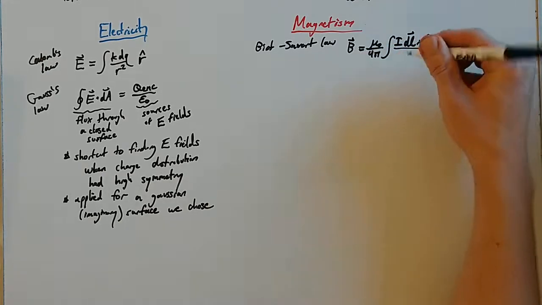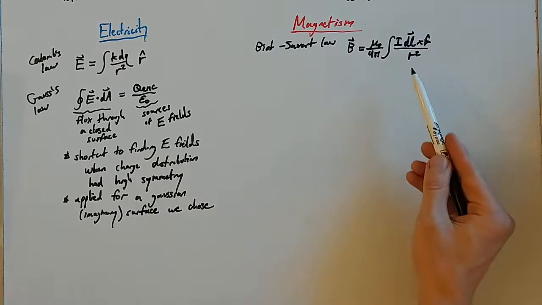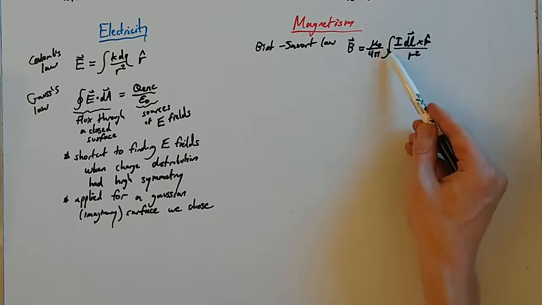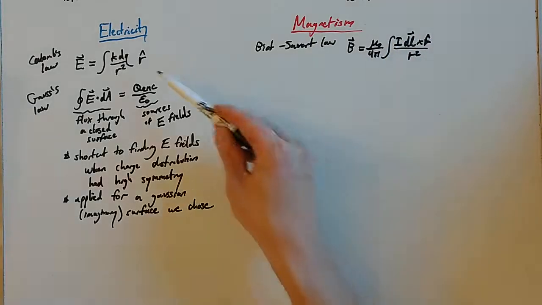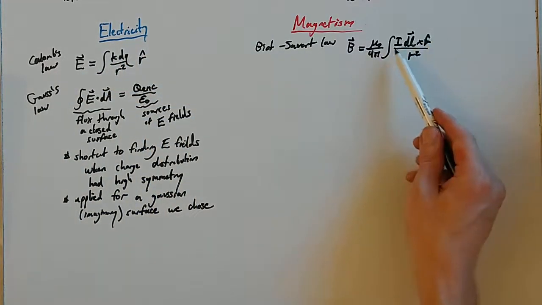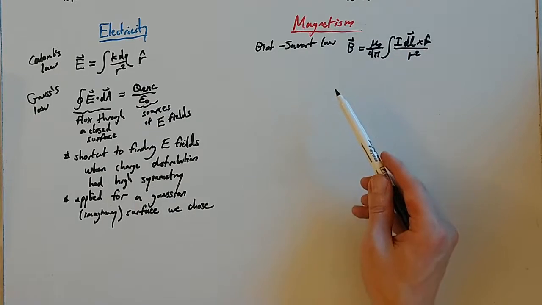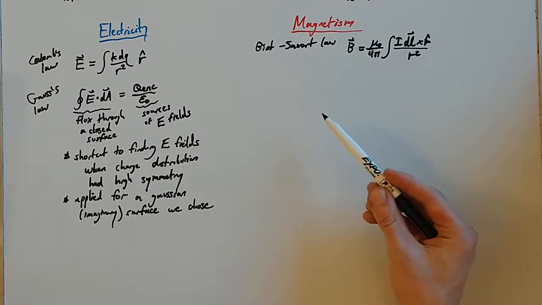The direction is perpendicular, divided by r squared. But specifically, the important thing here is we have currents, which are sources of magnetic fields. So just like charges are sources of electric fields, moving charges or currents are sources of magnetic fields. So that was the Biot-Savart law.